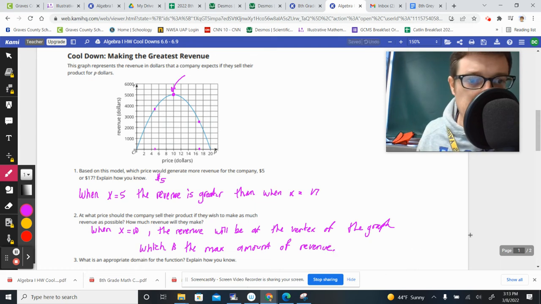Something along those lines, right? This is the most that we could make because that is the peak of our quadratic parabola.